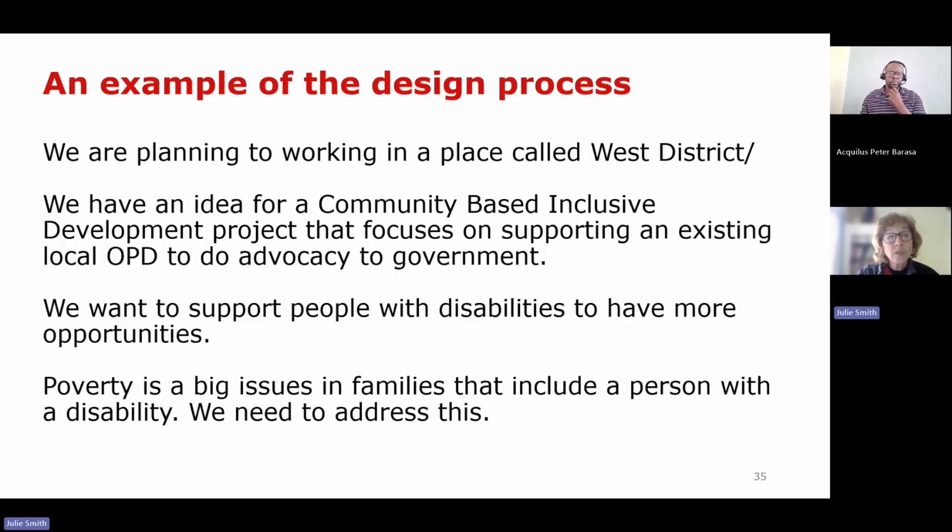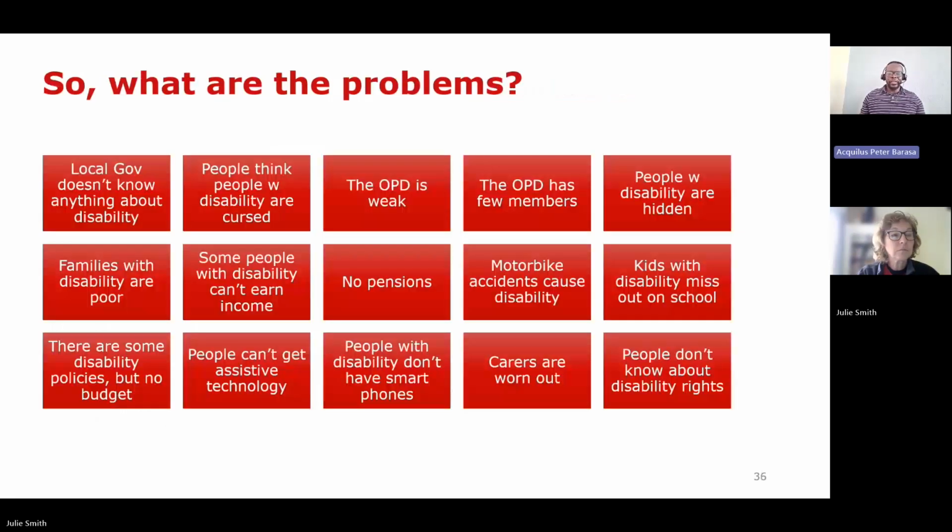We're not going to go into great detail about that here. That was covered in the last presentation, but let's just pretend that from that we've asked, what are some of the problems? We've gathered everybody together and we've used some of those mapping processes to understand the problems.